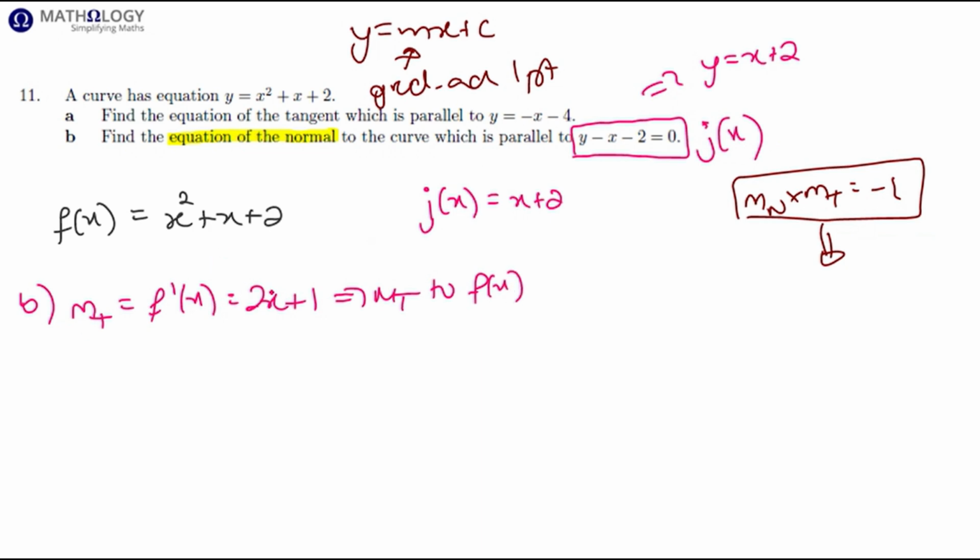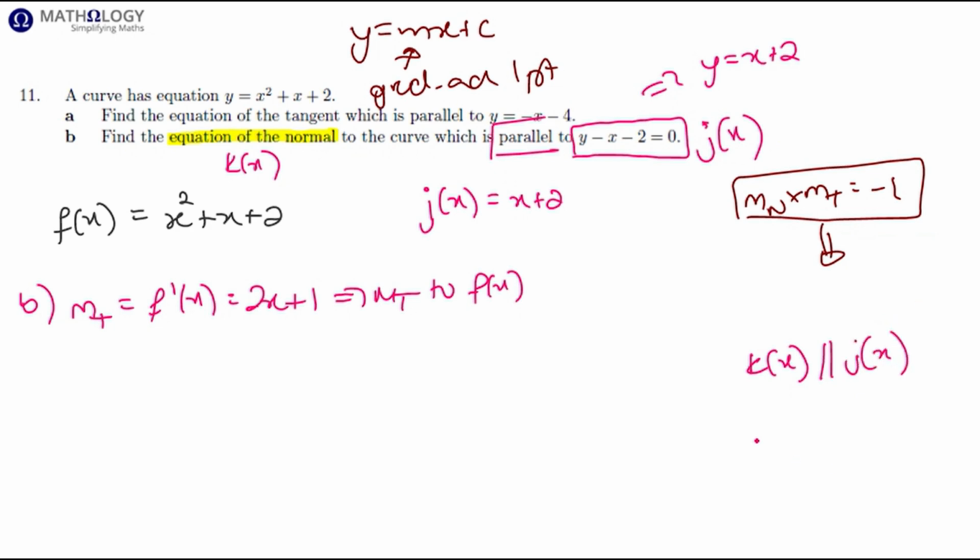To find that particular point, we are told that the normal is parallel to j of x. Let's call the normal k of x so we can use that terminology. Now, k of x is going to be parallel to j of x.